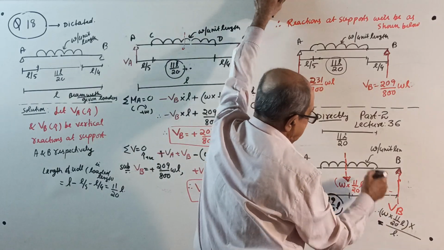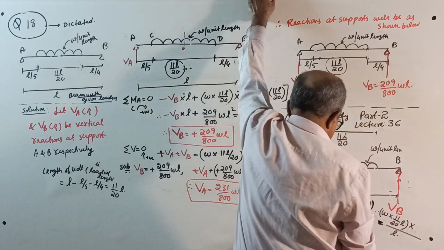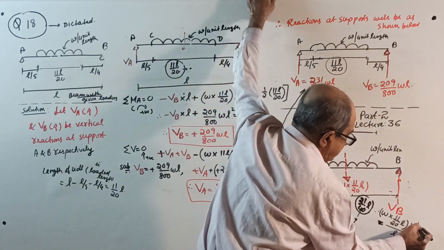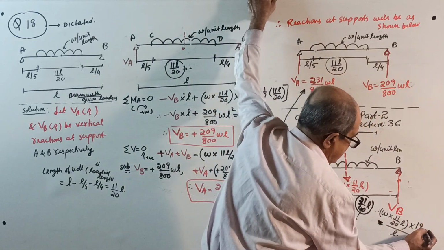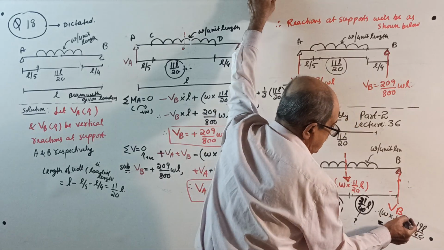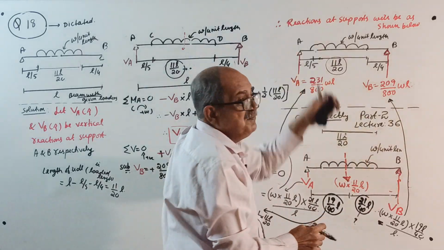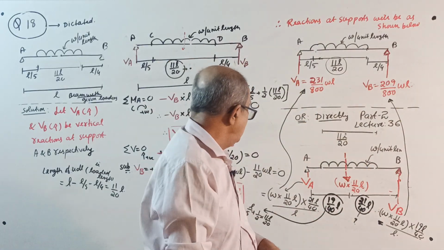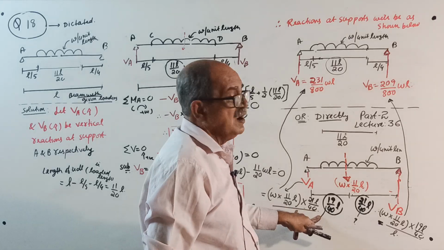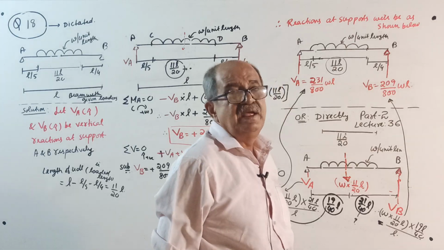And this reaction is the load into the other distance, that is W into 11L by 20 into 19L by 40 divided by L. Simplify it, you will 100% get this answer. Very fast you get the answer. You write the answer here, equal to 231 by 800 WL. Here you write 209 by 800 WL.